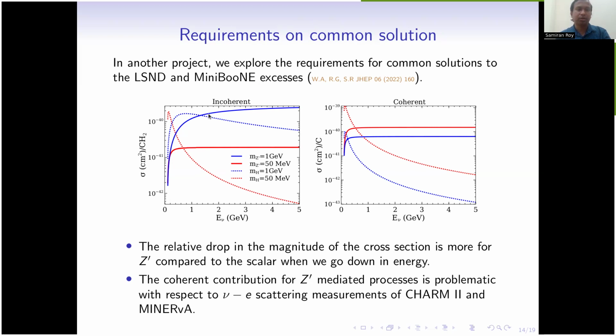So this will help in our case to explain the LSND excess. Another thing is that for the Z prime, the cross section remains almost constant when we increase the energy. But for capital H, the cross section drops. So this helps to evade bounds from the CHARM-II and MINERvA experiments.